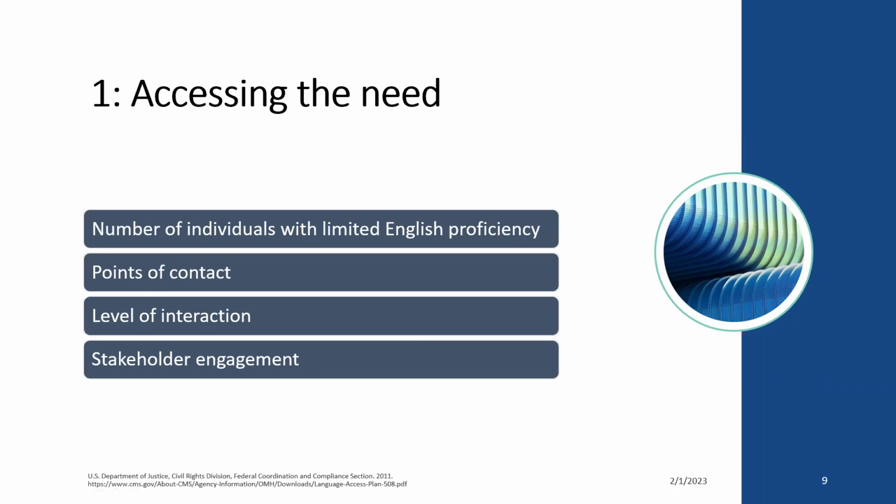Then we have the levels of interactions. We need to know how many times or where exactly these people are going to reach for an interpreter or to have access to our organization. It could be hotlines or information lines, outreach programs, public meetings and hearings.